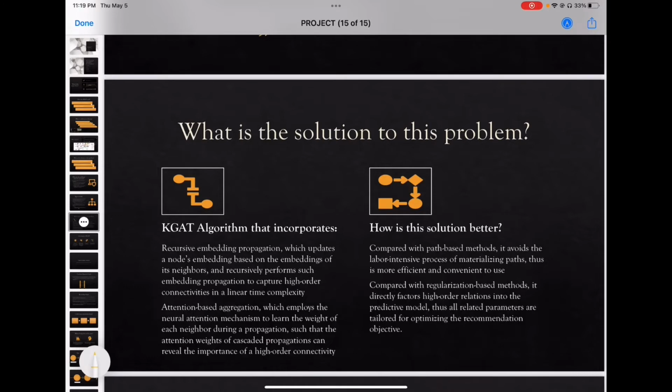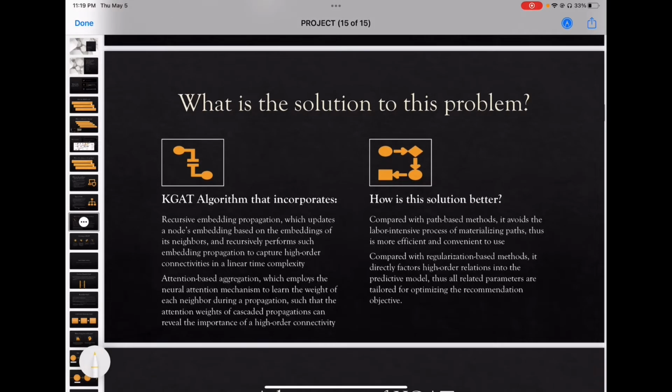So, KGAT is equipped with two designs to correspondingly address the challenges in high-order relation modeling. The first design is recursive embedding propagation, which updates a node's embeddings based on the embeddings of its neighbors.